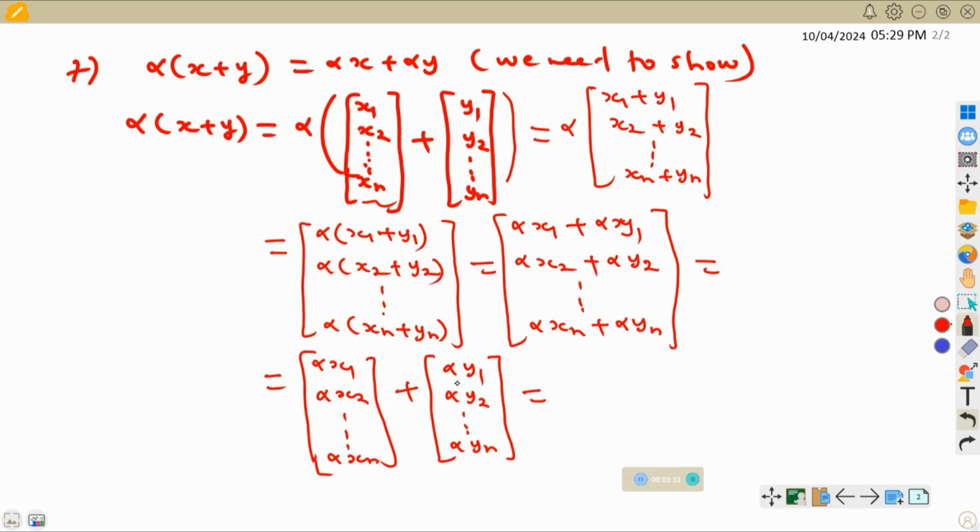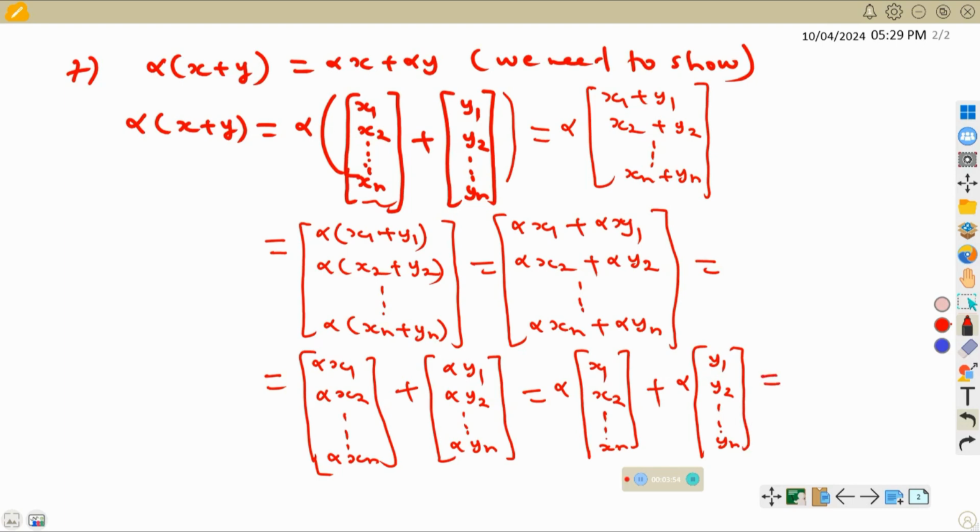And this is the same as having alpha into x1, x2, up to xn. And this is the same as having alpha into y1, y2, up to yn.